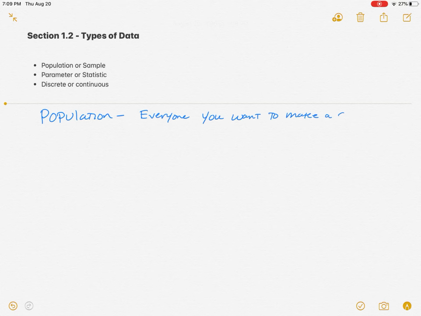So if I wanted to find out the average weight of a quarter, well, my population is every single quarter that's been minted. It is not practical. In fact, it's impossible, as quarters keep getting minted, for me to get my hands on every quarter to weigh it. And so I'm not going to be able to get to that population.